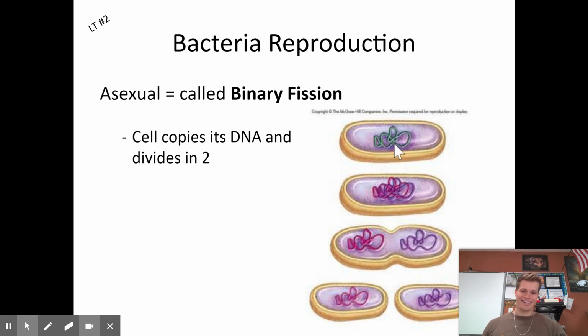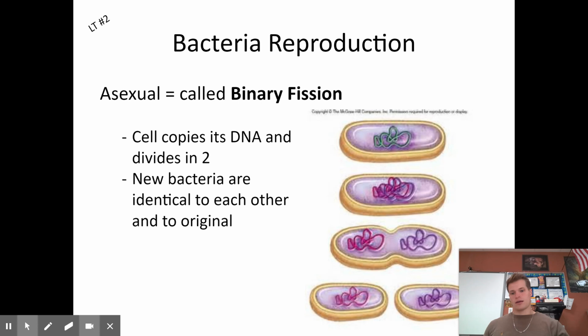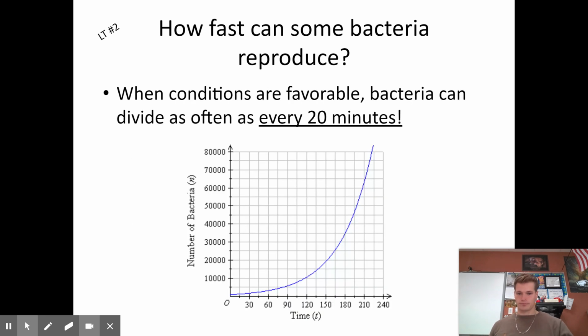That's going to be our DNA. Then you can see we have a purple and a red. It might be a little hard to see, but there's 2 copies there. Each side gets one, the pinkish reddish, the other gets the purple, and then they cut off and create two new bacteria cells. These are basically identical. They are clones of one another because they have the exact same DNA.